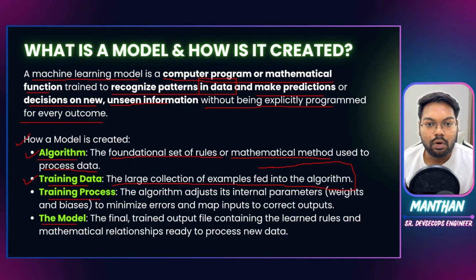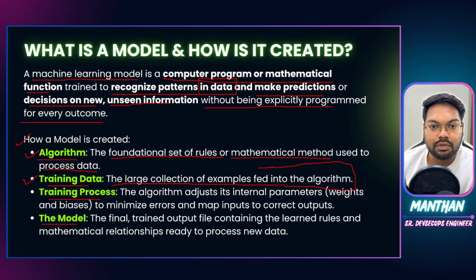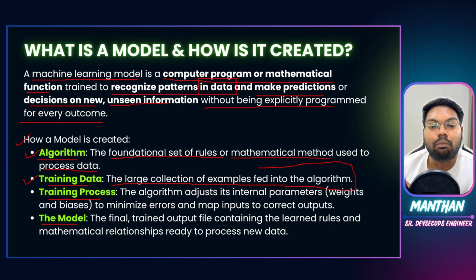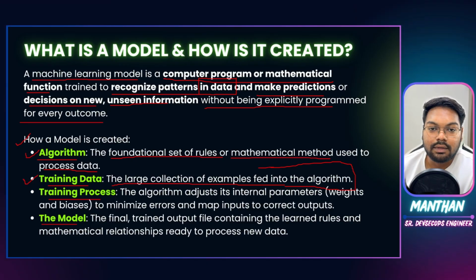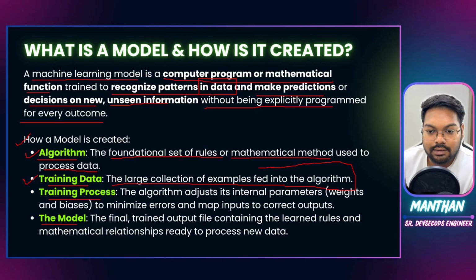But if you want some model to give perfect answers to questions someone asks regarding Harry Potter, then you will give the books or the text that is there for Harry Potter. And once you feed all of that data into that model, then it would find out answers and give you the answers accordingly.